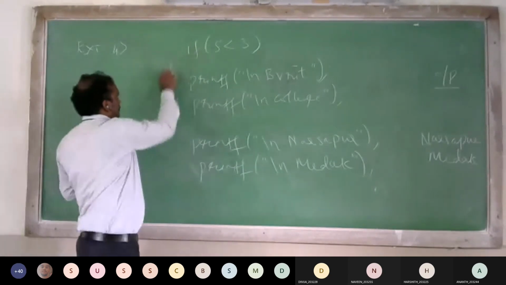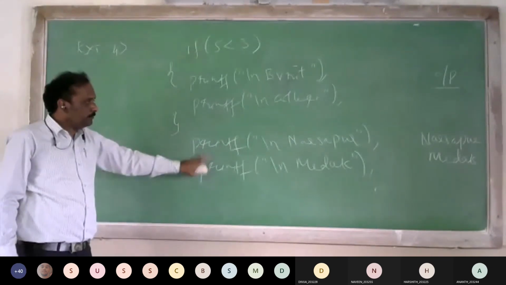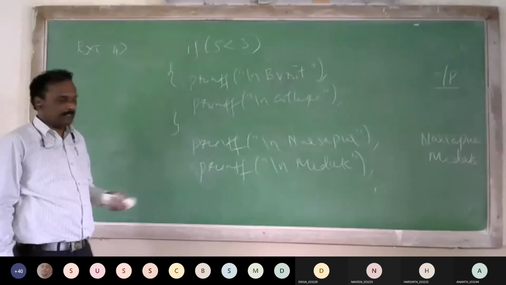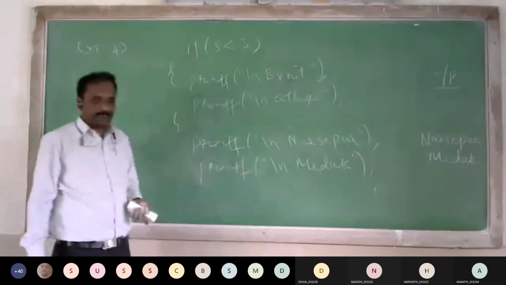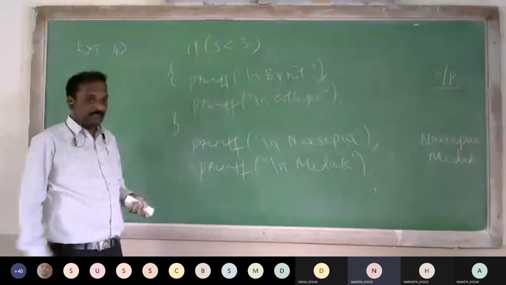If you have written the block, then we say that the block is not executed. Then the control will come to Narsapur and Medak. Printf Narsapur, printf Medak. Clear, everybody? Yes, sir.